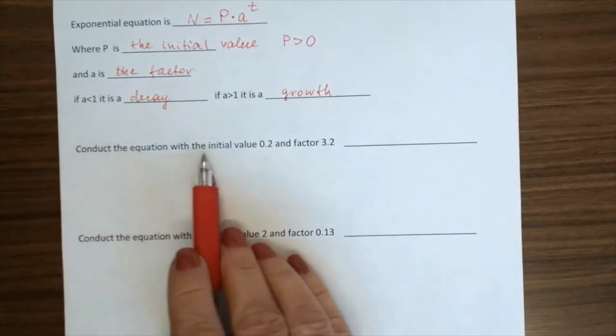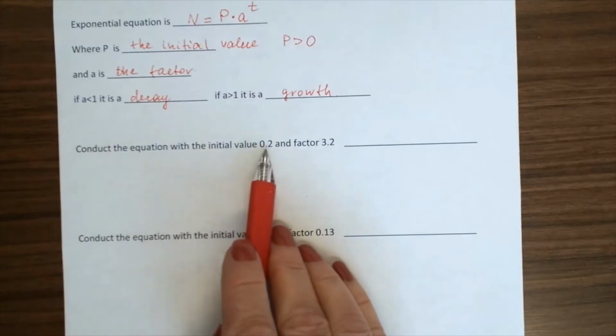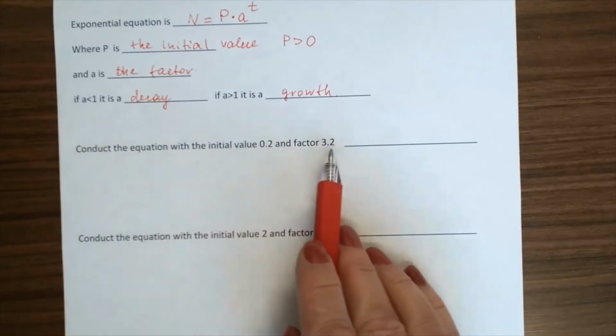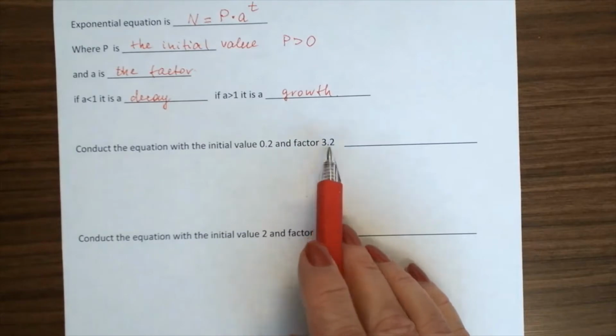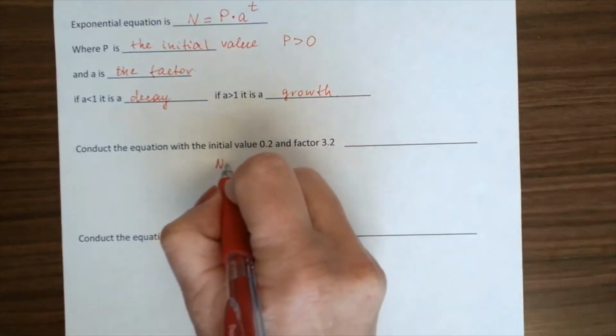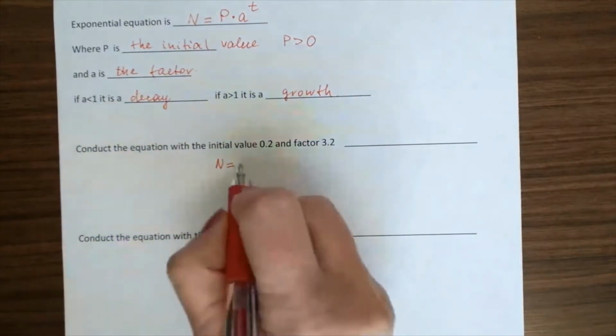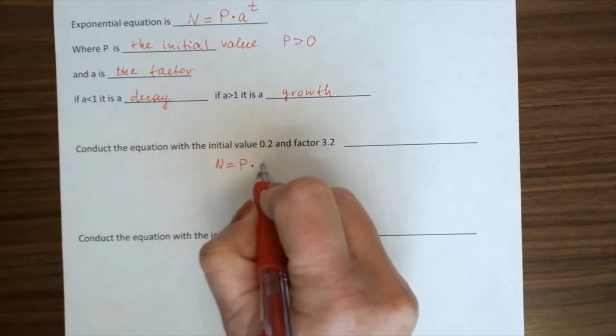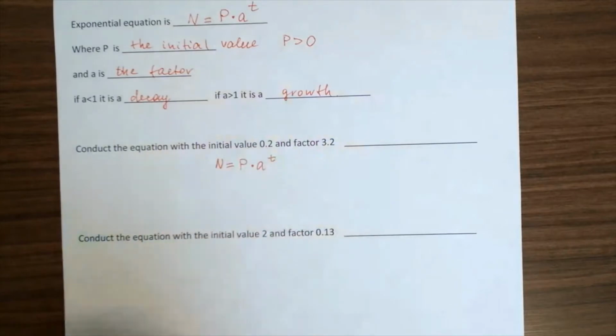Construct the equation with the initial value 0.2 and factor 3.2. So we will start with the general formula n is equal to p times a to the t power.